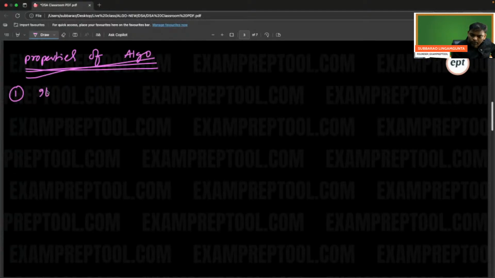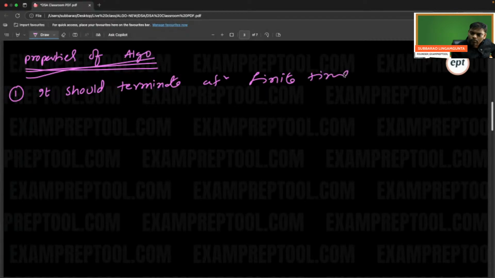It should terminate after finite time. When you say it is an algorithm, it should terminate after finite time.